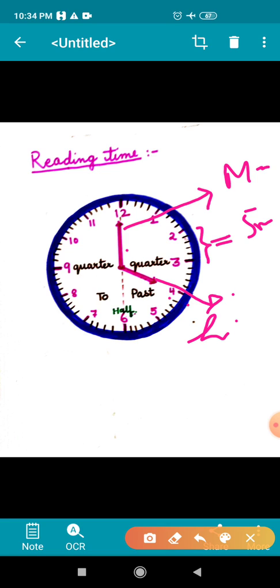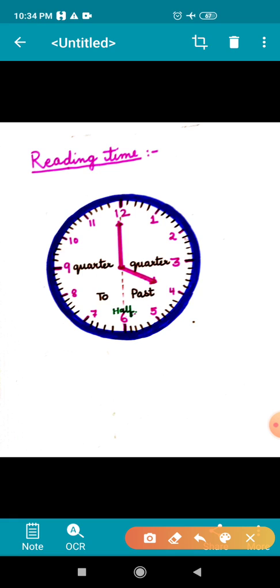Now, when the minute hand is on the right side, means this side, we read time as minutes past. But when this minute hand is on the left side, then the time is read as minutes to.